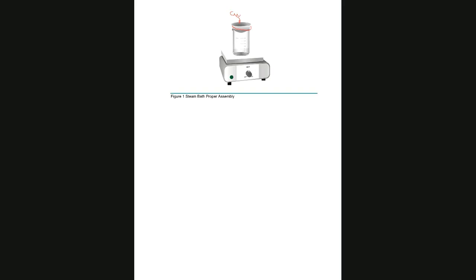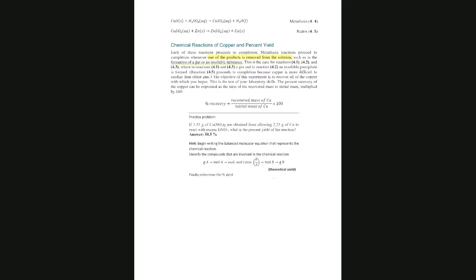If you don't dry the copper, well, let's go back to our calculations. If you don't dry the copper well, look at the formula of the percent recovery. You will have to use this formula.